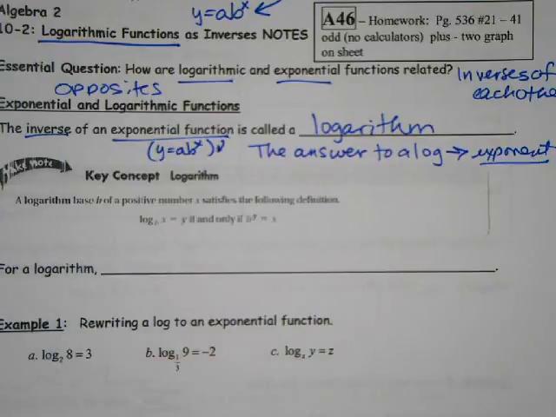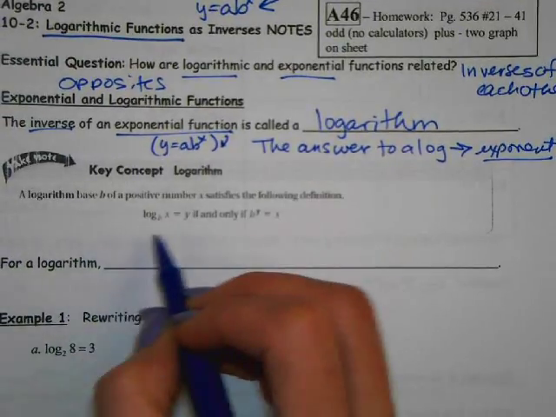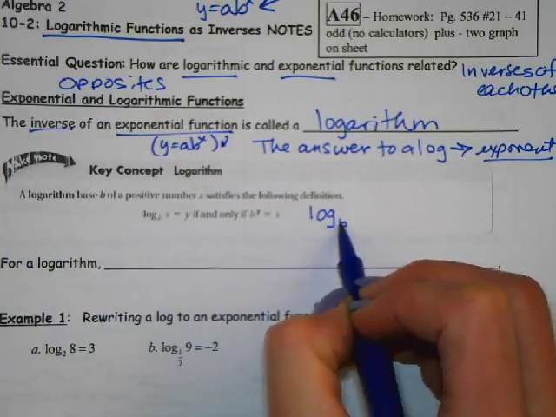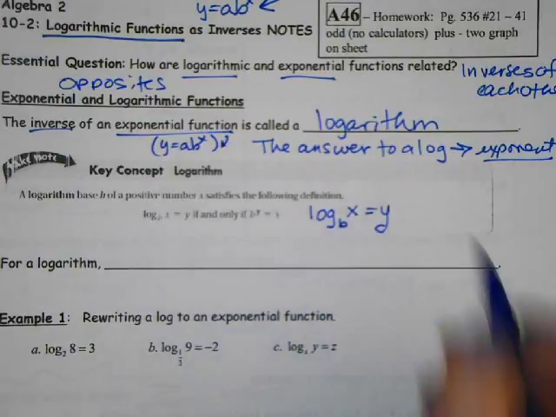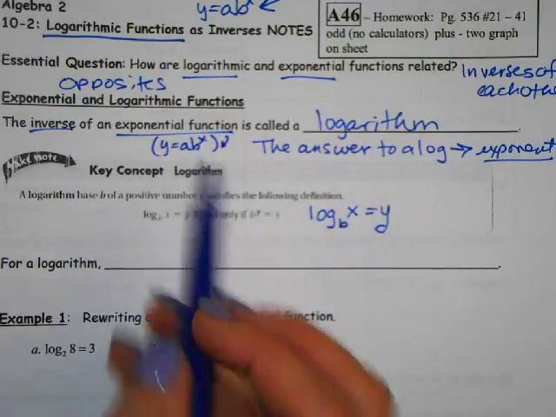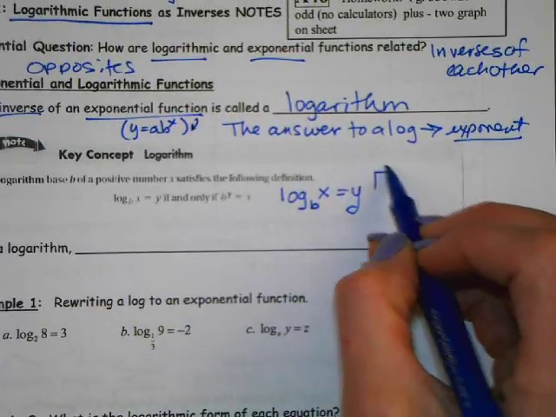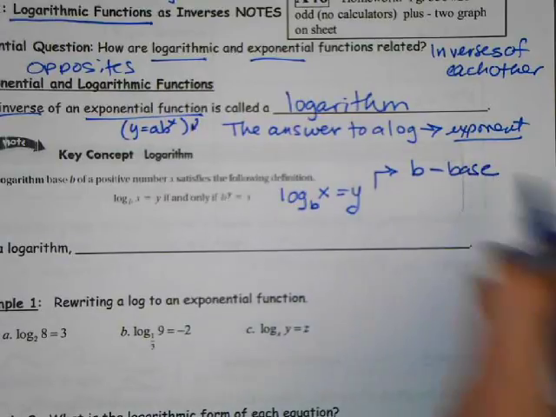Basically we have a couple components to a logarithm. It's kind of hard to see here, so I'm just going to rewrite it to make it bigger. Log, and it has this little b down here. It has an x there, and it equals y. This is the format, just like how we have y equals ab to the x. We have this log base b of x equals y. In this, the b is what we call the base, just like we did before.